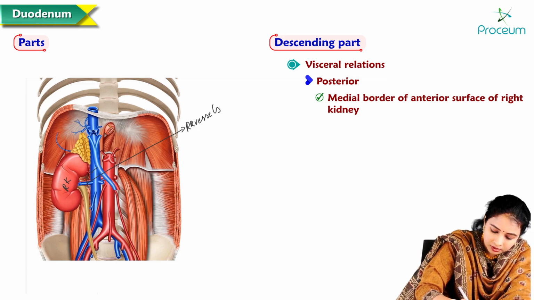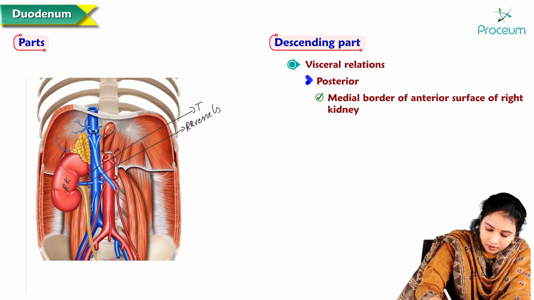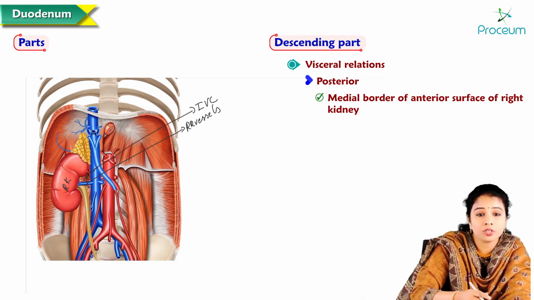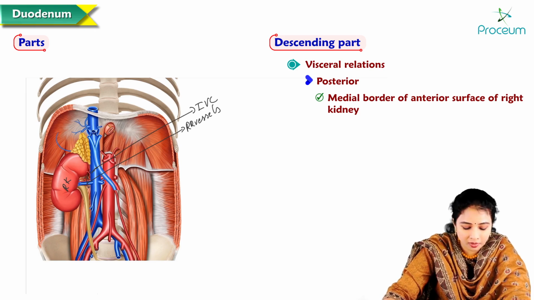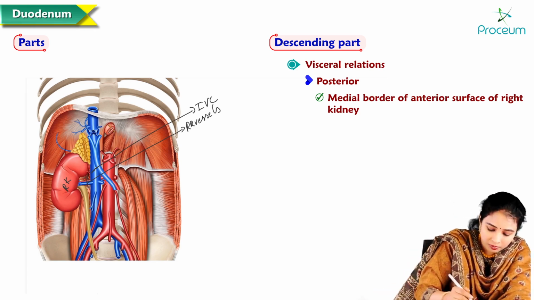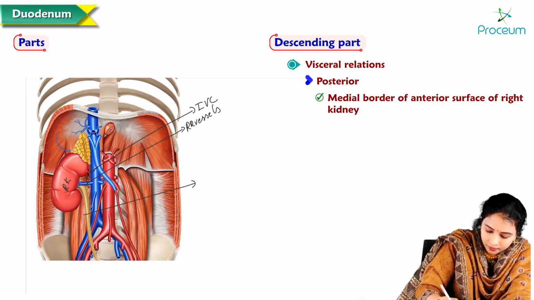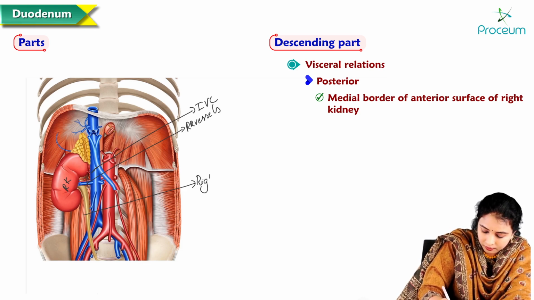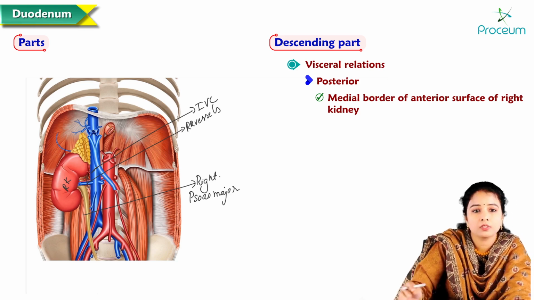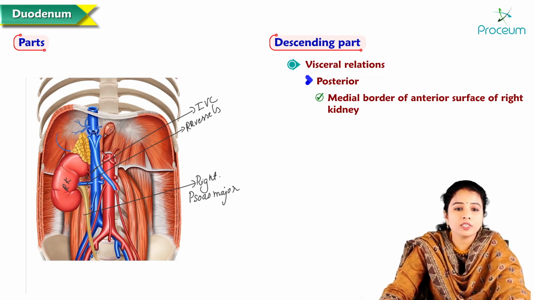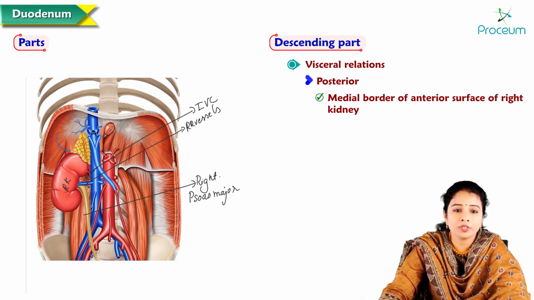So this is the inferior vena cava. So the right edge of the inferior vena cava and the right psoas major muscle. So these are the posterior relations of the second part of duodenum.